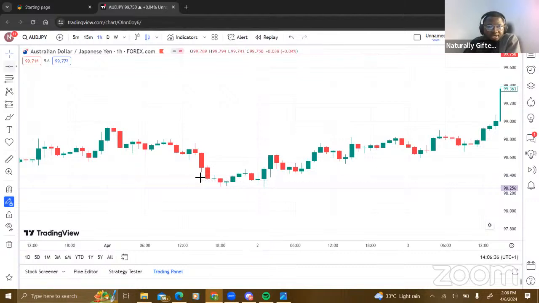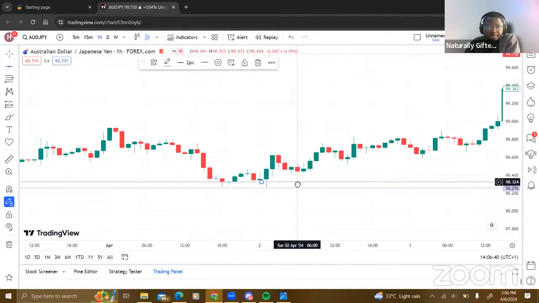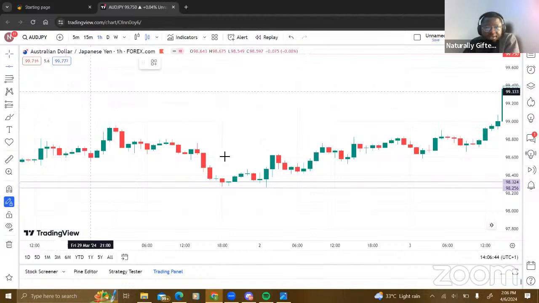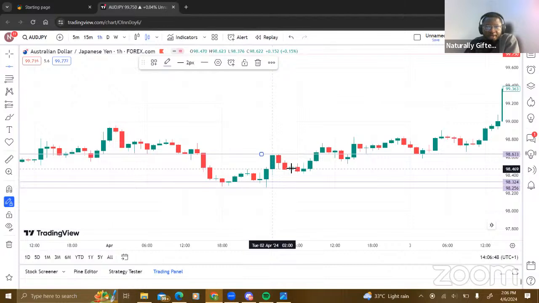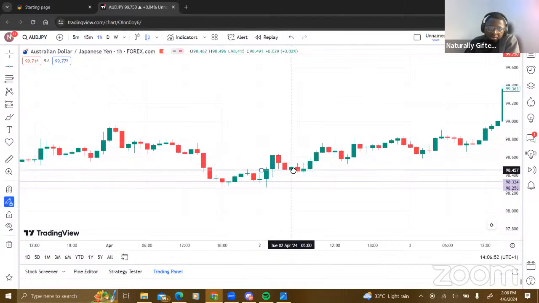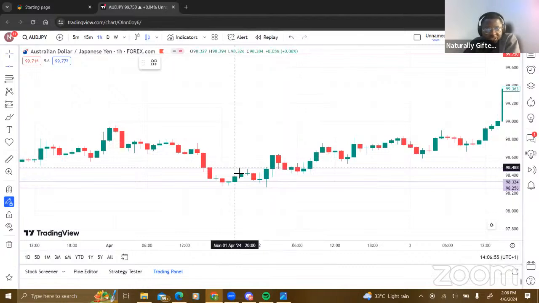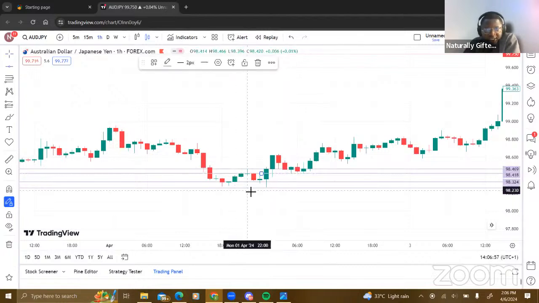Now, this is the support zone. Right here. Price did a reversal here. When it moved up here, it came down here. Meanwhile, even if you don't want to take this one, no problem. You can decide you want to take, okay, Emmanuel, but it did a reversal here now.